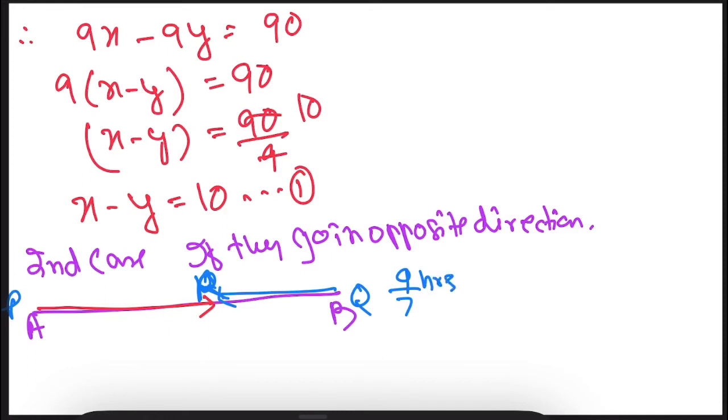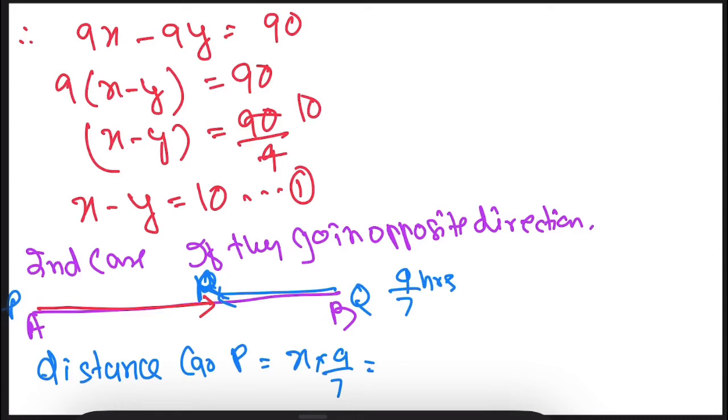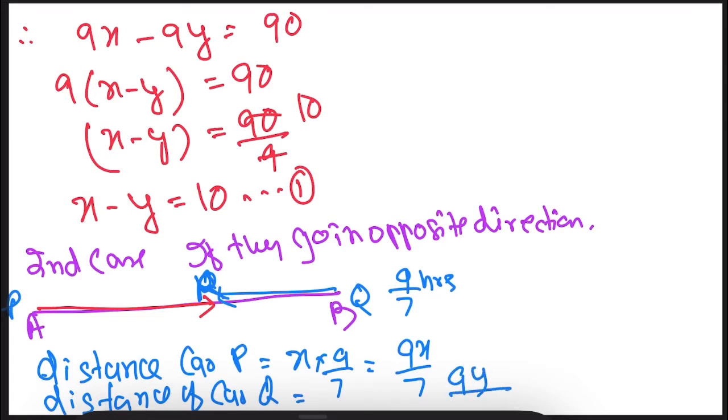So the distance of car P equals speed x into time 9 upon 7, so 9x upon 7. The distance of car Q equals 9y upon 7.